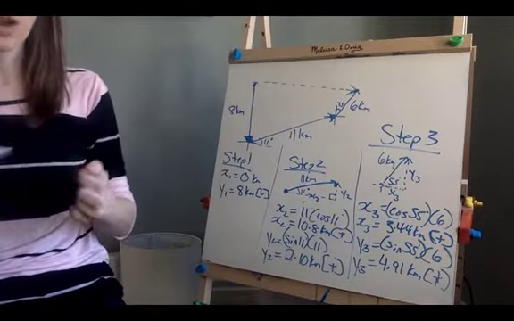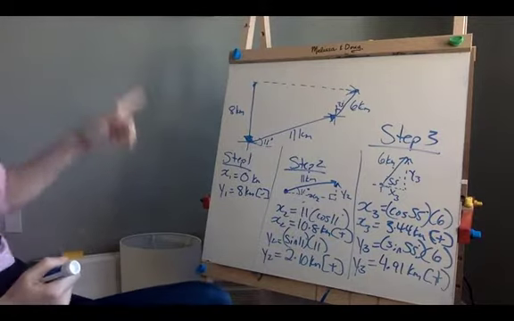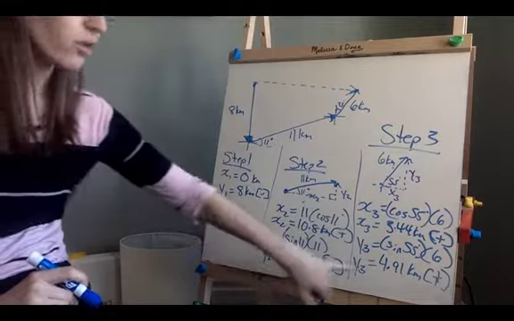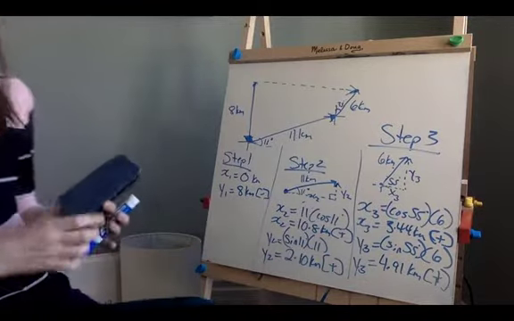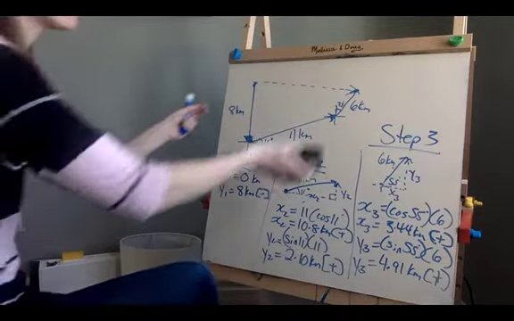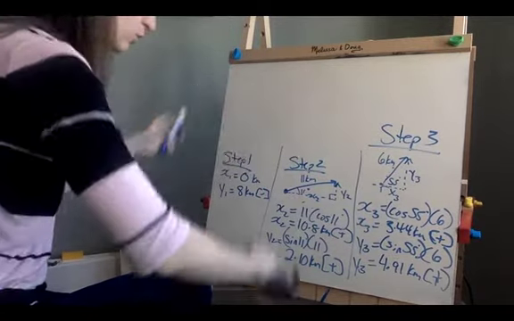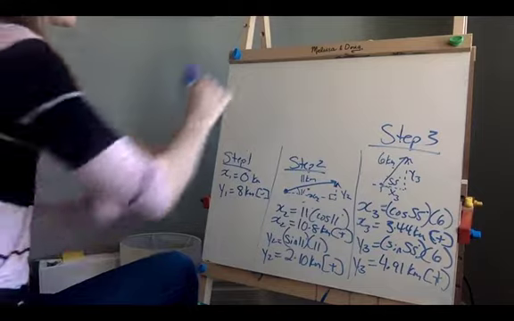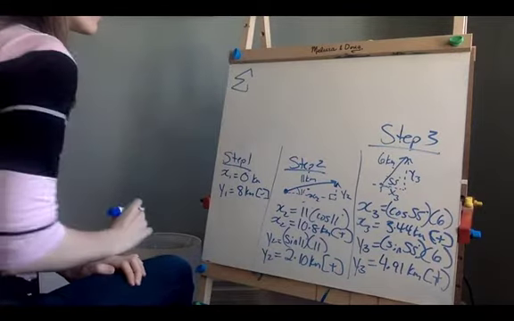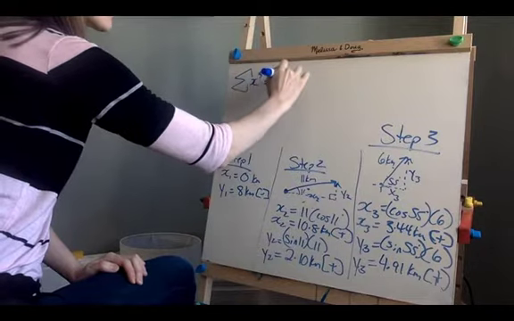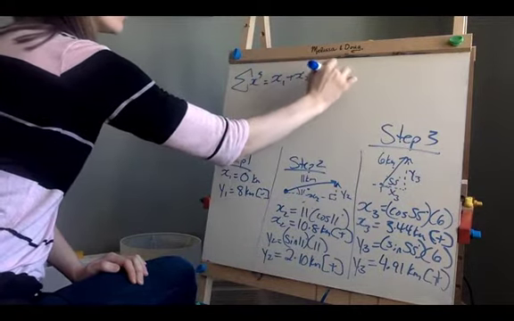Okay, so that's just finding the vector components of all three steps. Once you have all of those, you then go for the sum, the total vector component, the total x and the total y. So if I do that, what I now do is I take the sum, so that's our symbol for sum. The sum of the x's is going to equal x1 plus x2 plus x3.